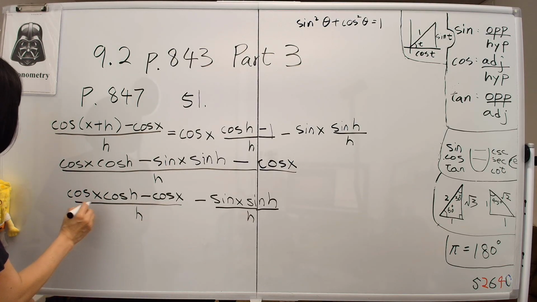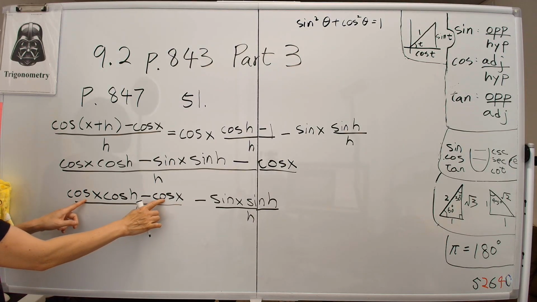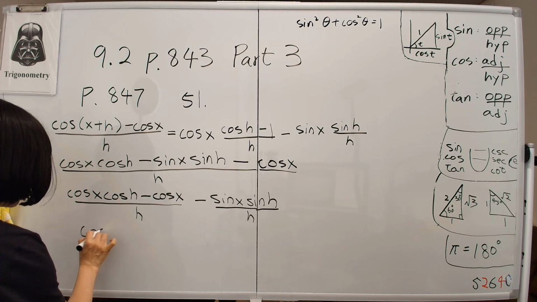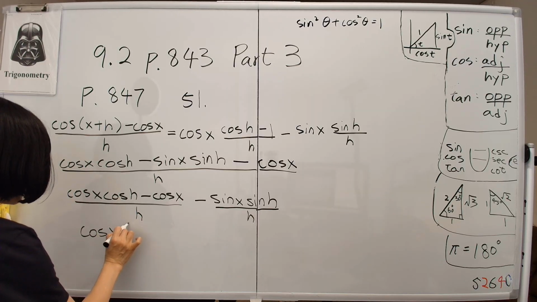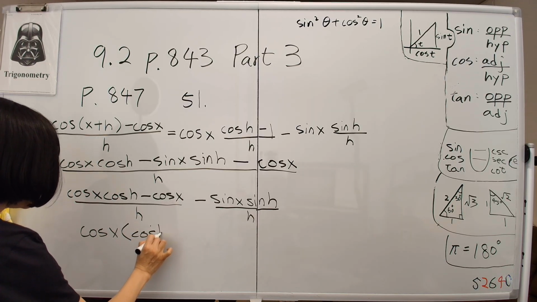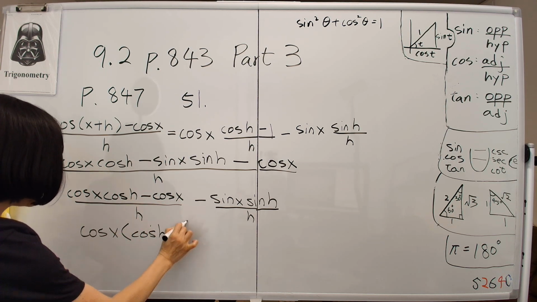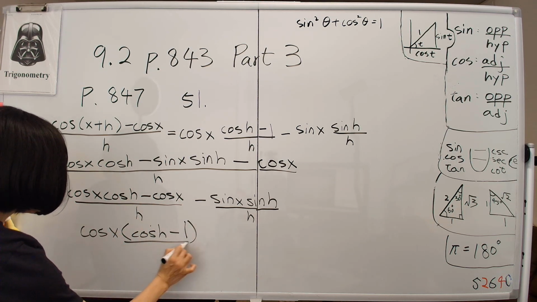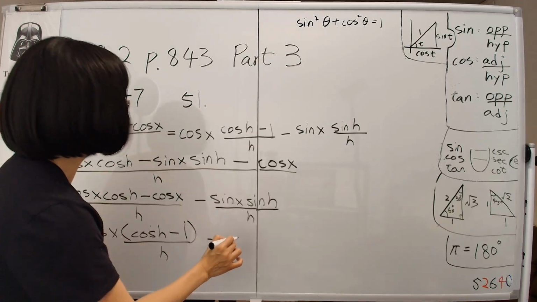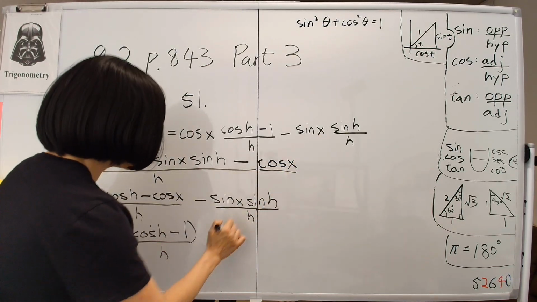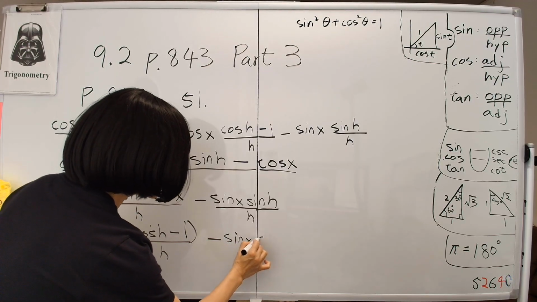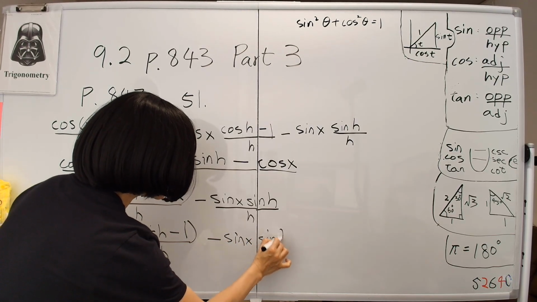And so now all we need to do is factor out the cosine x right here, and then we are home free. So we have cosine x times what's left, which is cosine h minus, that's just 1, divided by h down here, there's the h, and then minus over here is the same thing, sine x and then sine h divided by h.